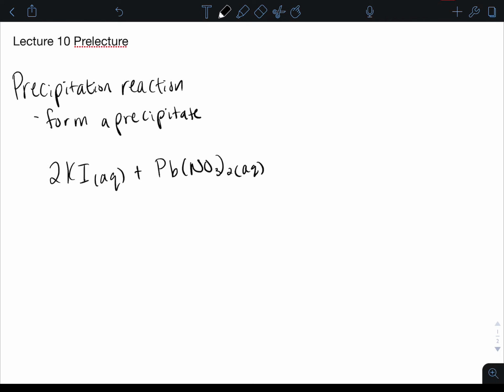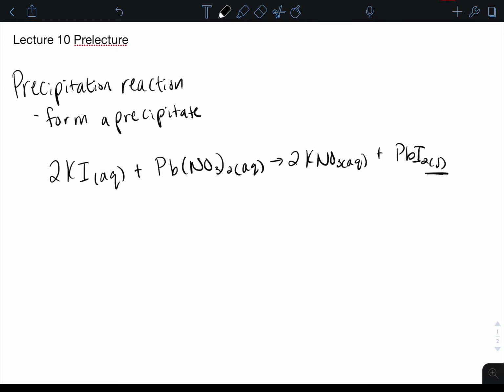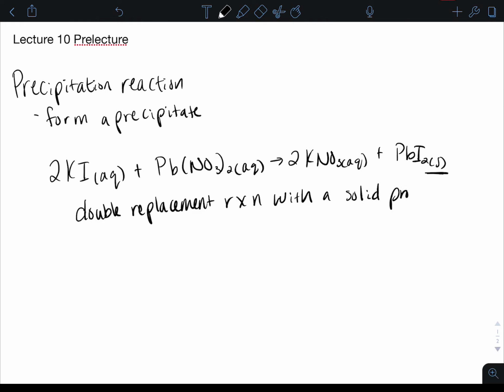And when they combine, you produce potassium nitrate, which is soluble, and then lead iodide, which is insoluble, which is indicated by that S. So if we have a double replacement reaction with a solid product, this is a precipitation reaction.